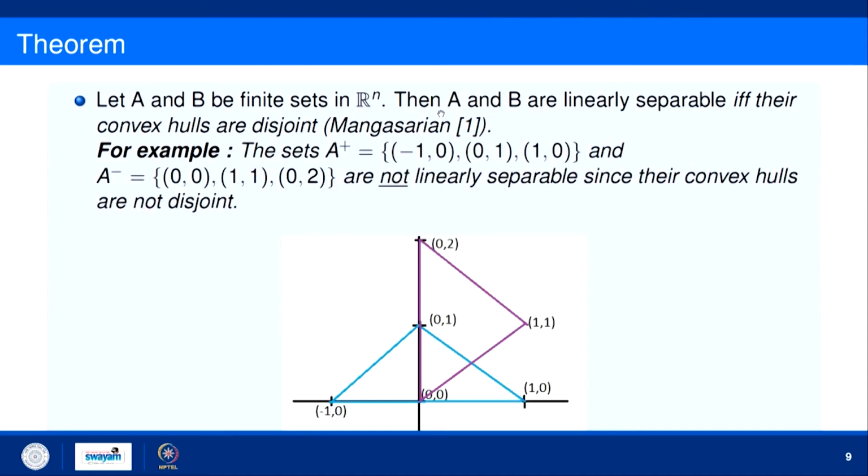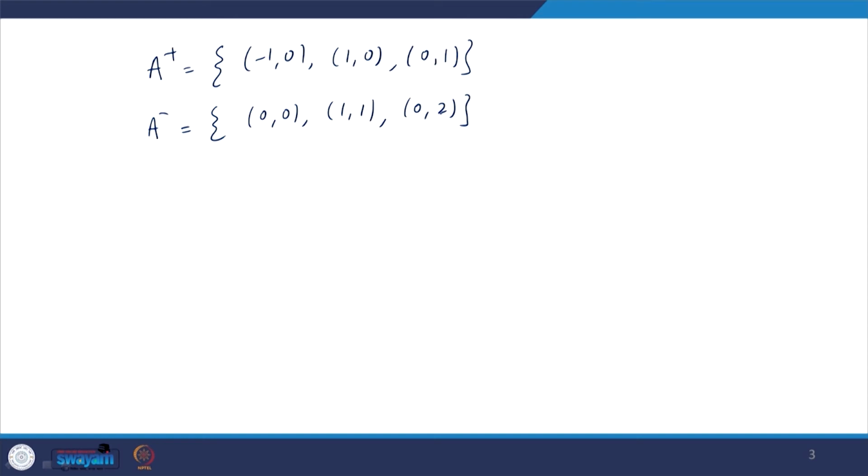Let us see. Now, what are the points of A plus? Minus 1 0 is somewhere here, 1 0 is somewhere here, 0 1 is somewhere here. Now, what is the convex hull of these 3 points? The convex hull of these 3 points is this triangle.